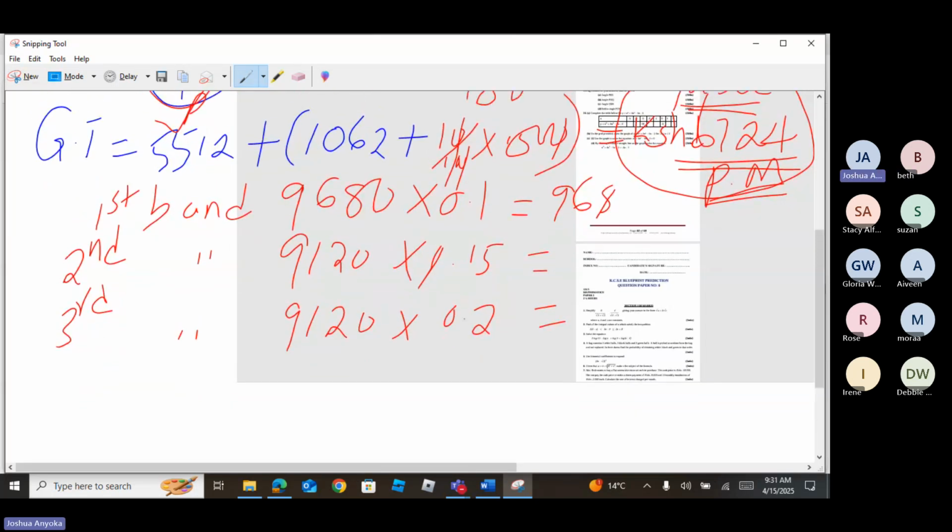Are we following? And 9,120 times 0.2 gives 1,824.